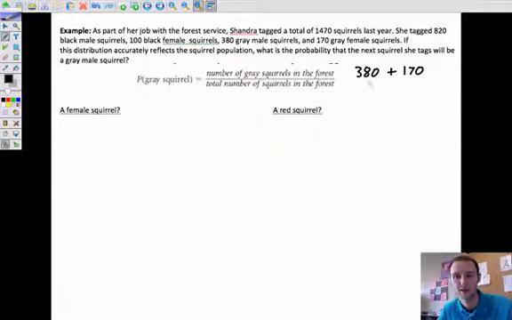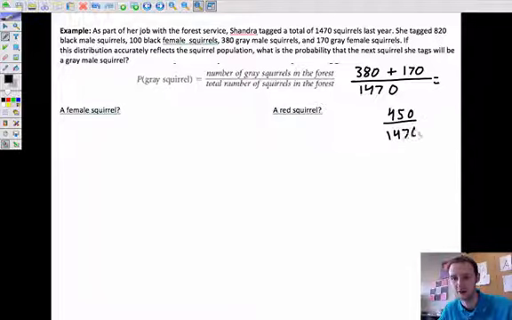That's how many gray squirrels there are over 1,470 total squirrels in the forest. Okay, so that gives us 450 over 1470, which I'm just going to figure out as a decimal real quick. As a decimal, that's about 0.31, or about 31% chance that the next squirrel would be a gray squirrel.